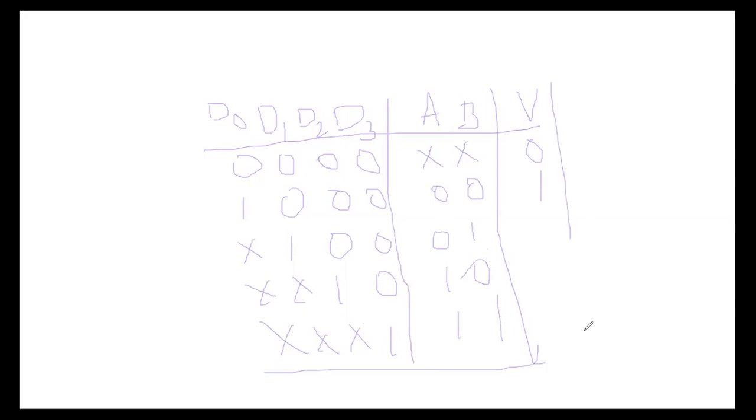Now you can see the valid bit is a 1. So to get V, V is equal to D0 or D1 or D2 or D3. That is one of the outputs. The additional output we added is the V valid bit.